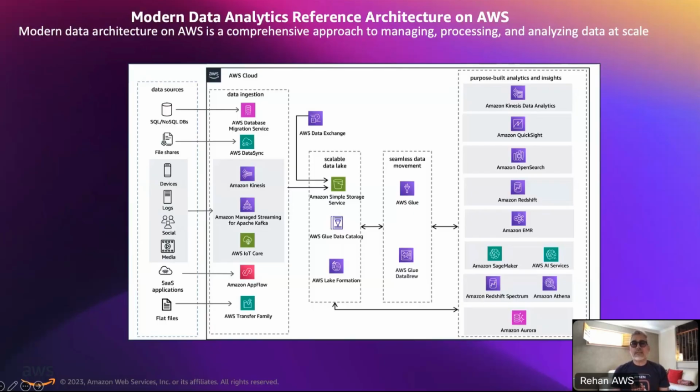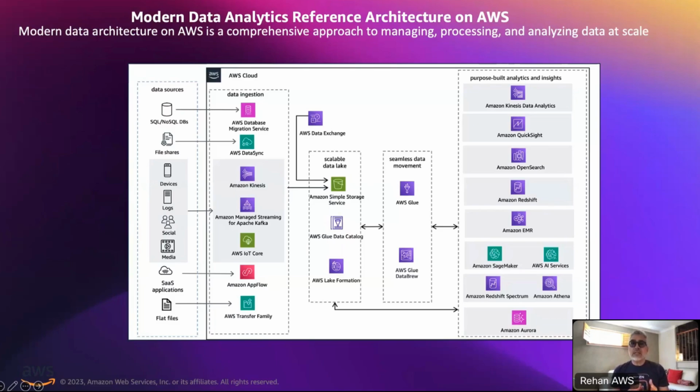And the volume, veracity, and velocity of the data is moving at such a fast pace, and it's ever increasing. So we need an ecosystem that can sustain that growth.